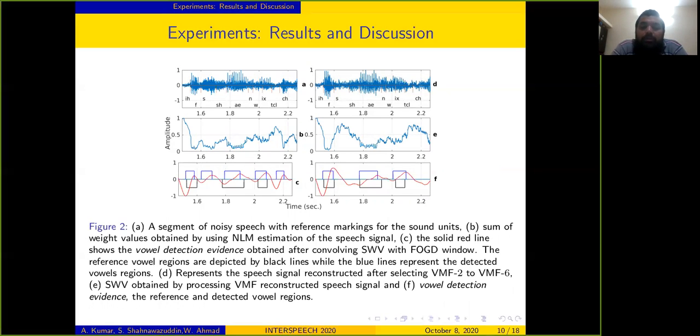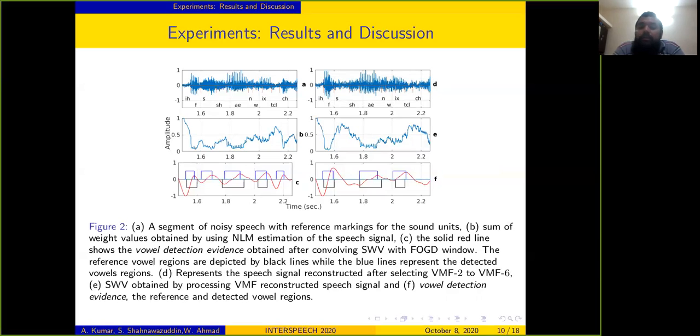So in this figure 2, a segment of noisy speech with reference marking has been shown in A, and then the sum of the weight values obtained by using non-local mean estimation of the speech signal has been shown in B, and then the solid lines show the vowel detection evidence obtained after convolving the SWV with FOG-D windows, and the reference vowel regions are depicted by the black lines, while the blue lines represent the detected vowel regions.